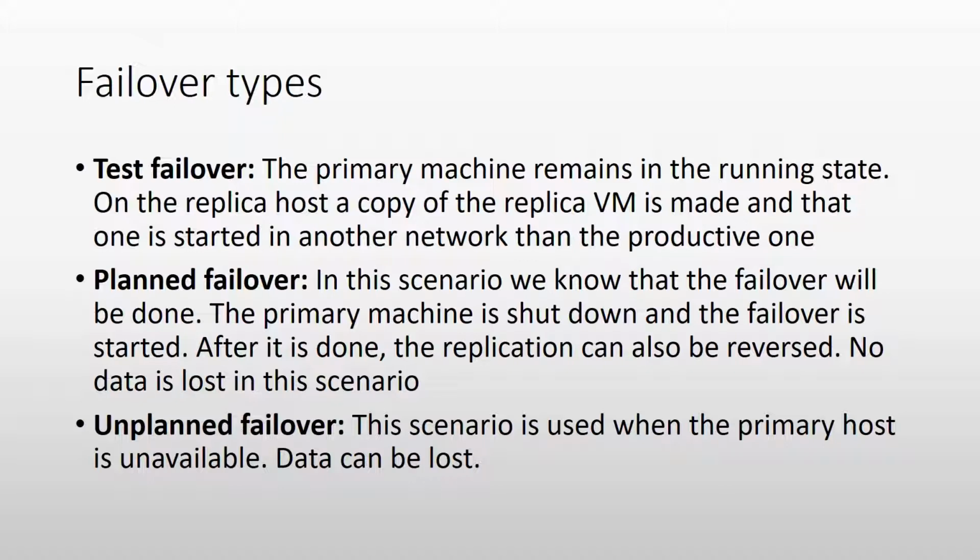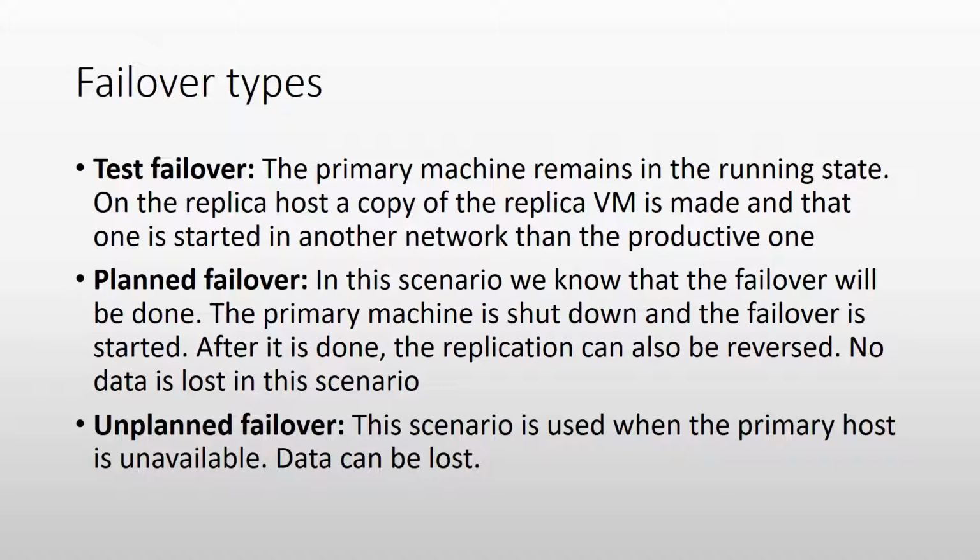The last failover type is the unplanned failover. And of course, as the name suggests, this will happen when your host, your primary host, for example, goes down, and you have to bring up the replica machine.